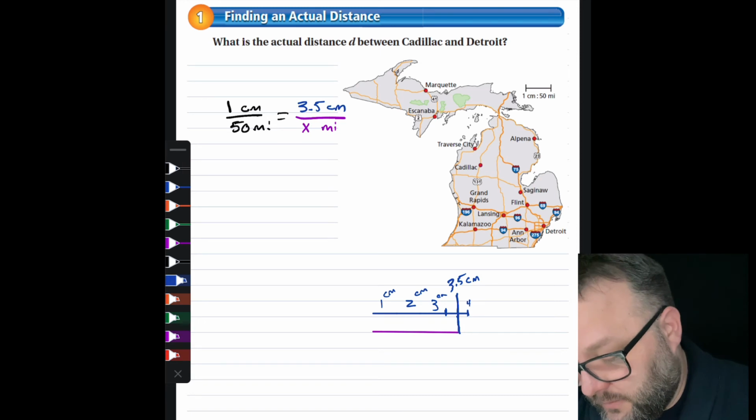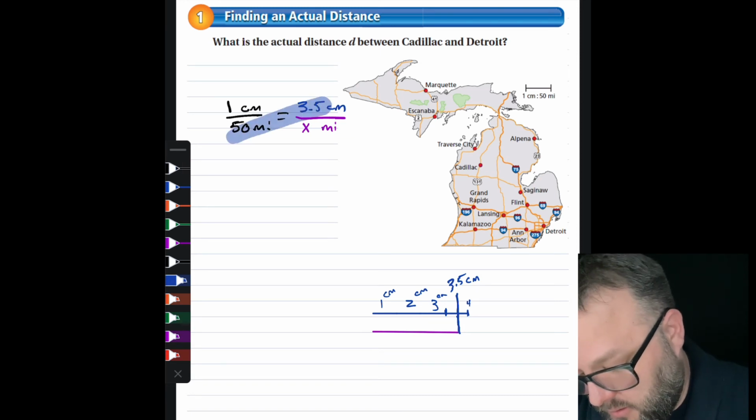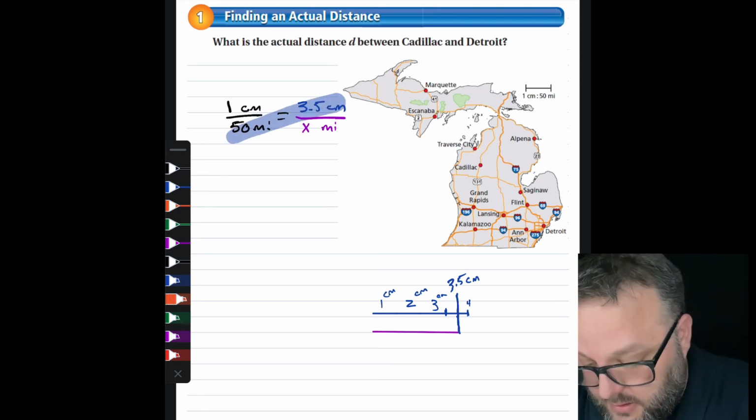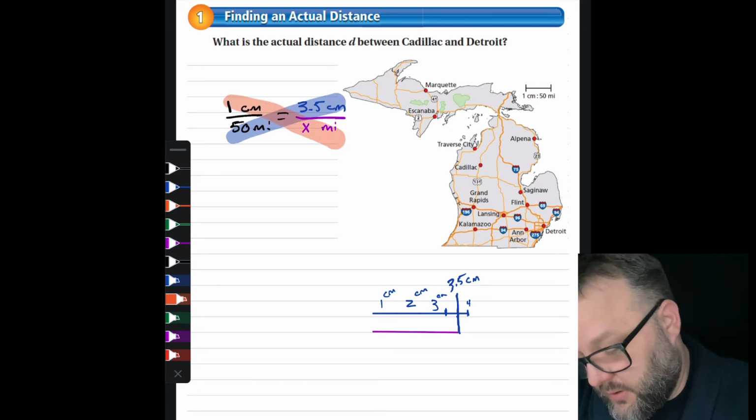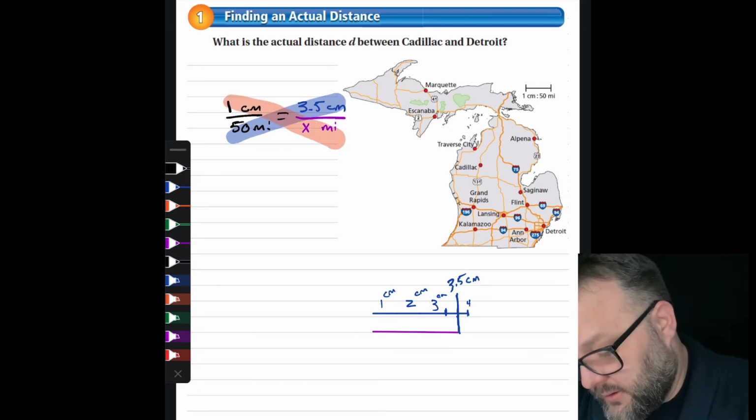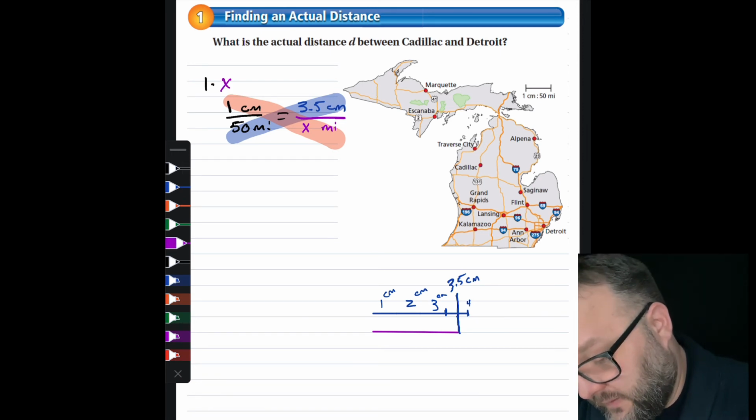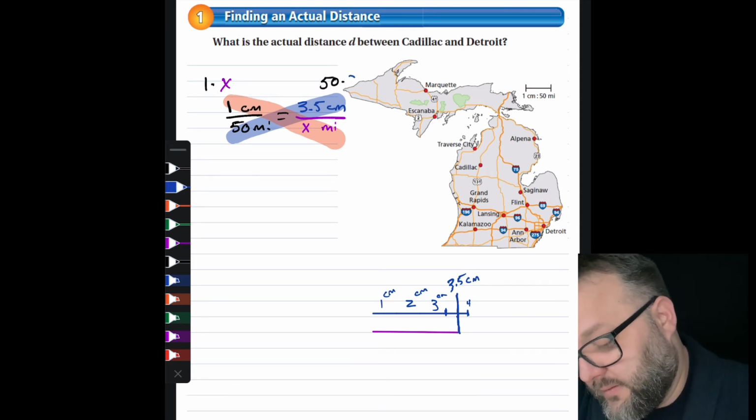So what I can do from here is cross multiply, just like this. So here I get 1 times X, and over on the right I'm going to get 50 times 3.5.